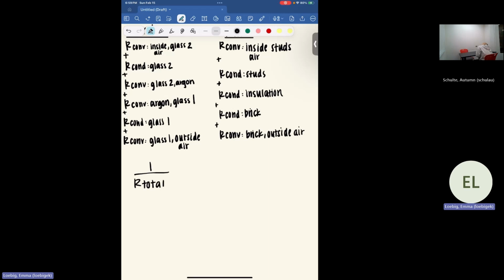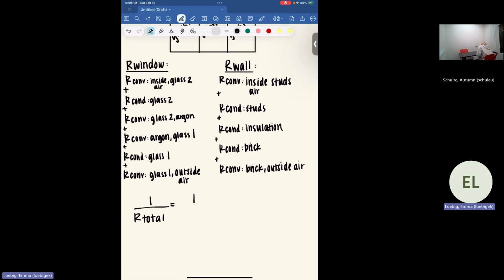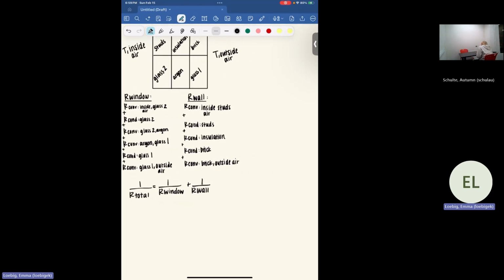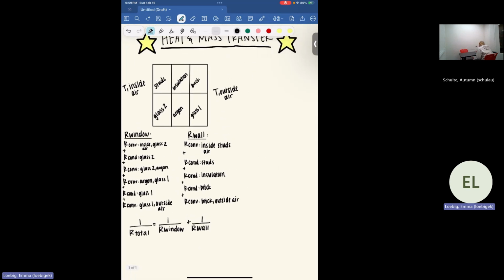So we're going to have 1 over R total is going to be equal to 1 over the resistance of the window plus 1 over the resistance of the wall. And that is how you find the total thermal resistance of an example that includes both series and parallel terms.